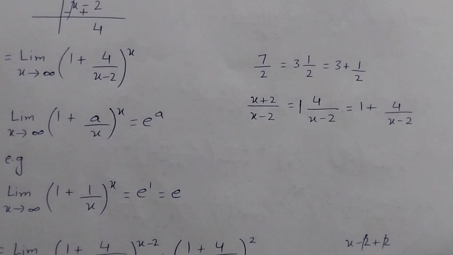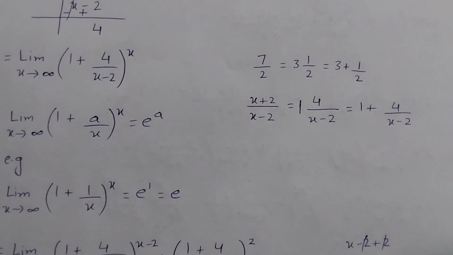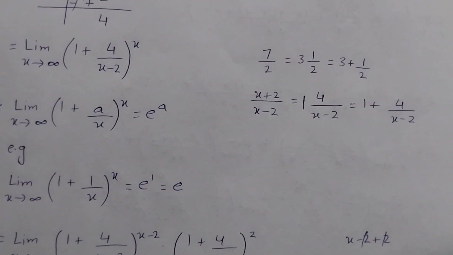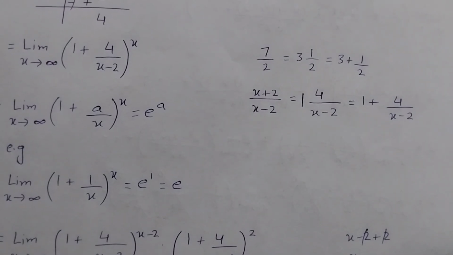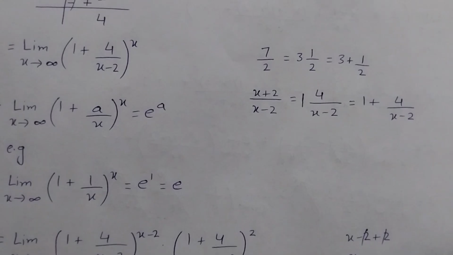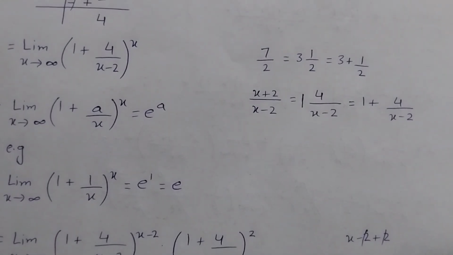So we have a result which is that if you take the limit of 1 plus a over x, and that is being raised to power x, this is equal to e raised to power a, and this is true when x is approaching positive infinity.